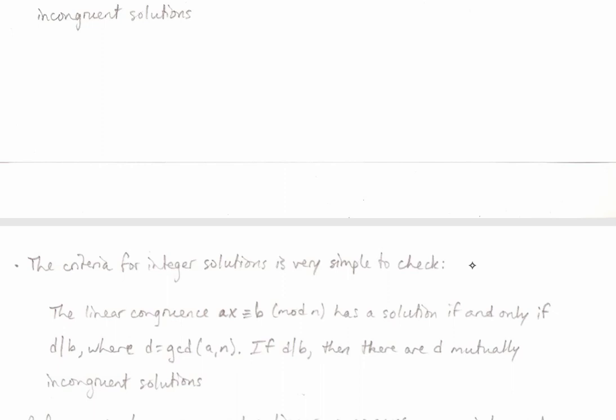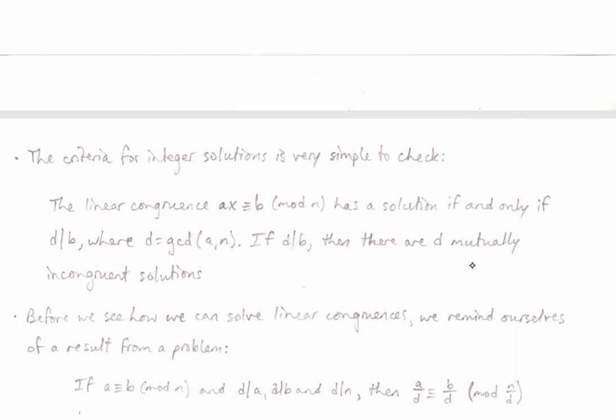Now, if we do have integer solutions, so if D does divide B, then there are D mutually incongruent solutions to the given linear congruence. And before we see how we're going to solve these, we're going to remind ourselves of a very handy result that we are going to be using.